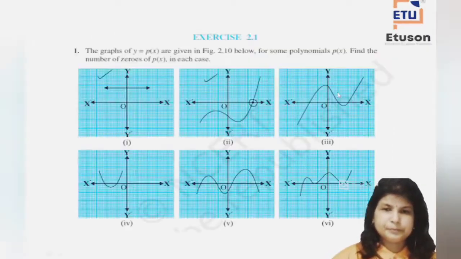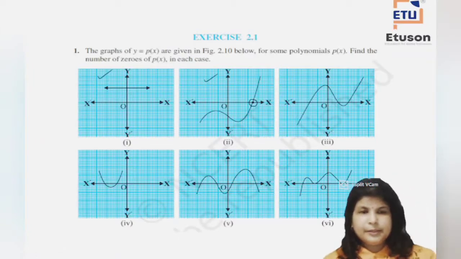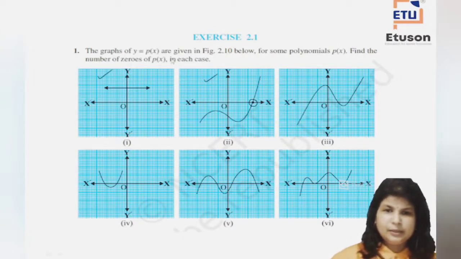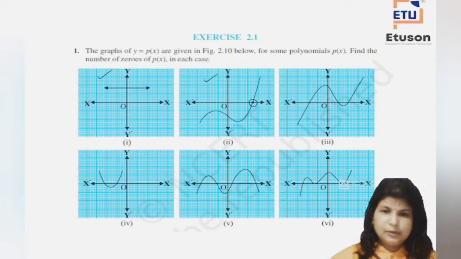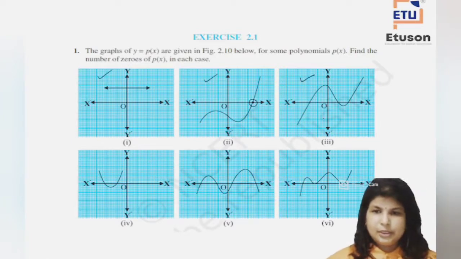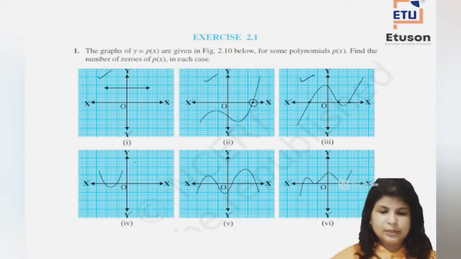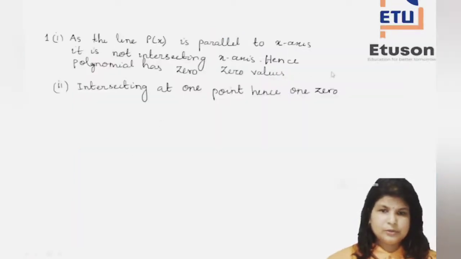Correct. So similarly, coming to the third question. Now you see at how many points it is intersecting? Here, here, here and here. So 3. So how many zeros?